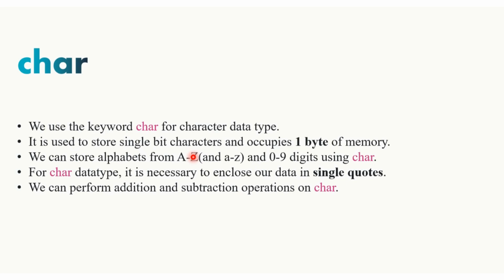It is a code which uses numbers to represent characters, and basically when you type any character in the code, be it a semicolon or even a bracket, it first gets converted to an ASCII value before getting converted to machine language, zeros and ones. We have to always ensure that we store the data in single quotes for a character data type, and the size is 1 byte, and we can also perform addition and subtraction operations on a character data type variable.